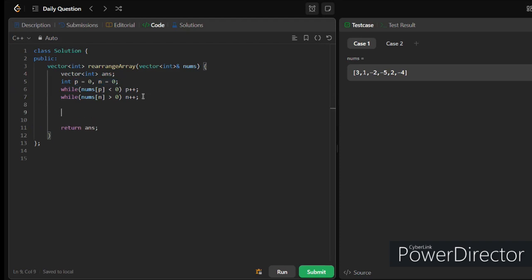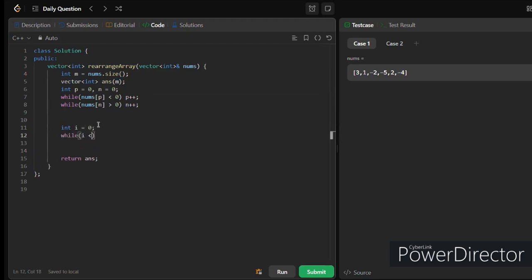Then we want to write our array. The answer size is the same as nums. And then we want an index to indicate which entry we are writing, so we call it i, starting from 0.